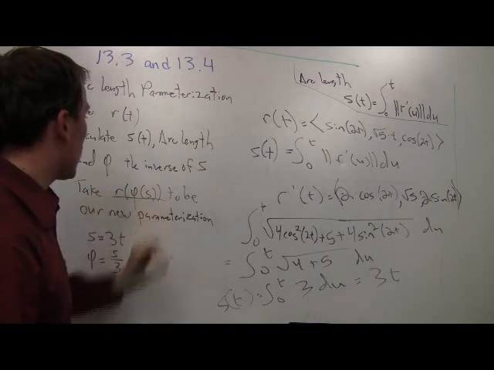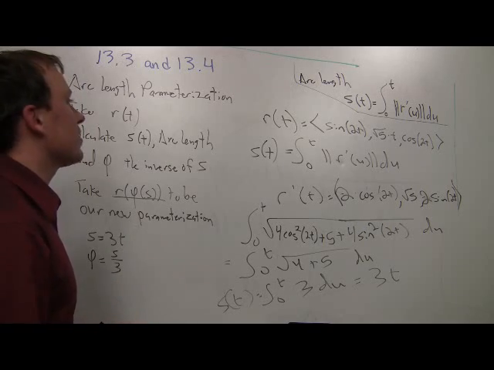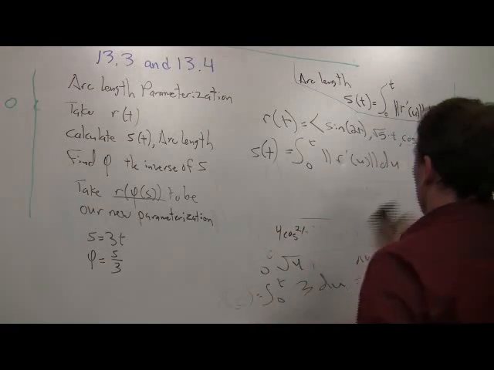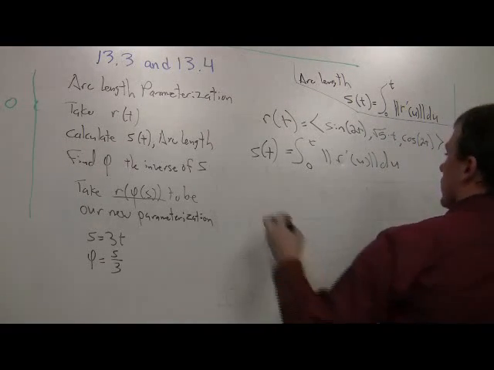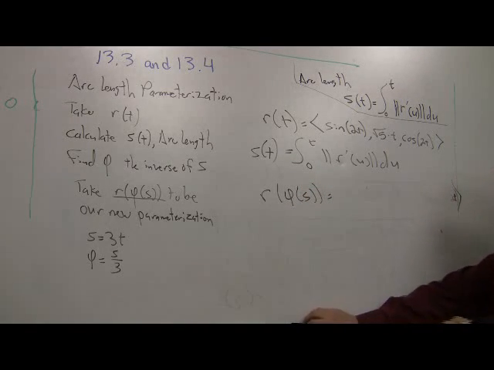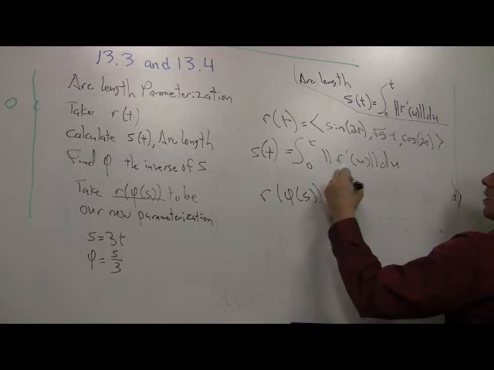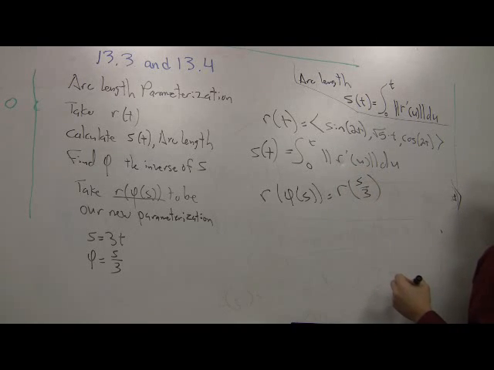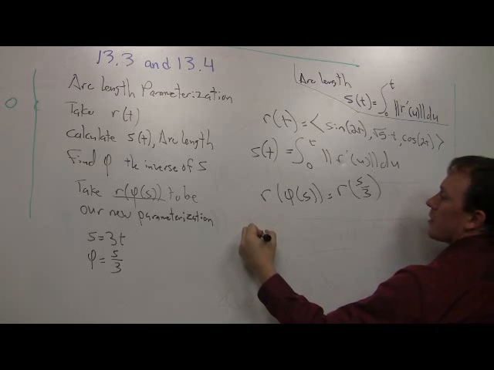So r of phi of s will be r of s over 3. And we just plug into our original function.